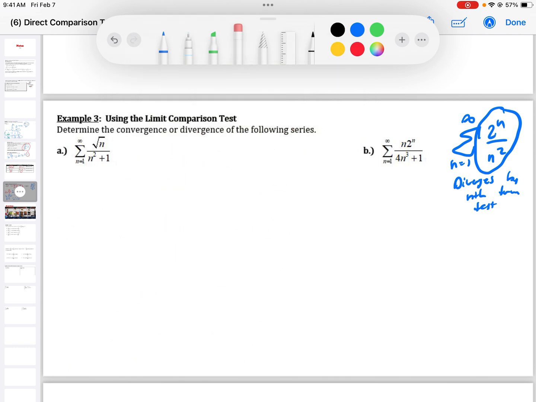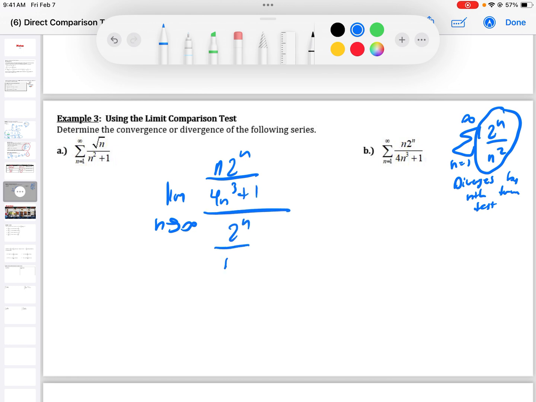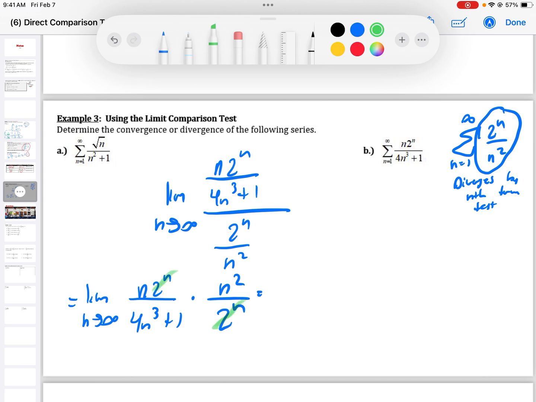If I do the limit of their quotients as n goes to infinity, 2 to the n over 4n cubed plus 1, all over 2 to the n over n squared. That will be equal to the limit as n goes to infinity. Do my keep, change, flip stuff. And I think the n squared and n cubed kind of cancel out at infinity.